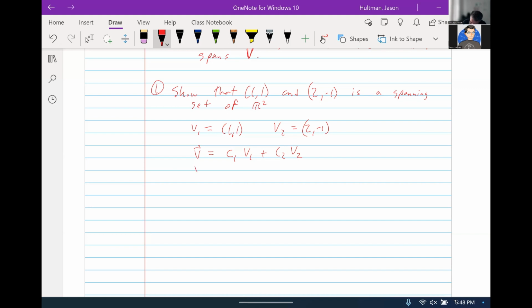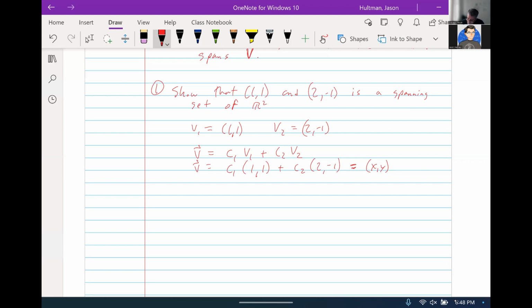So vector v would be equal to c1 times (1, 1) plus c2 times (2, -1). I'm going to call that equal to xy or x1, x2. It really doesn't matter. I'm going to call it equal to xy here.